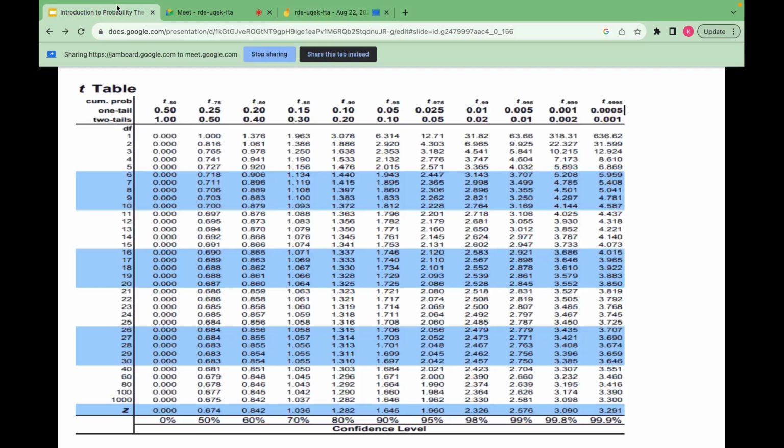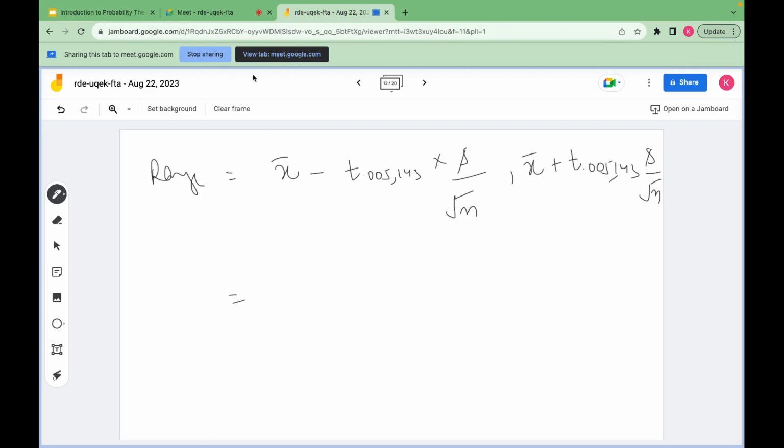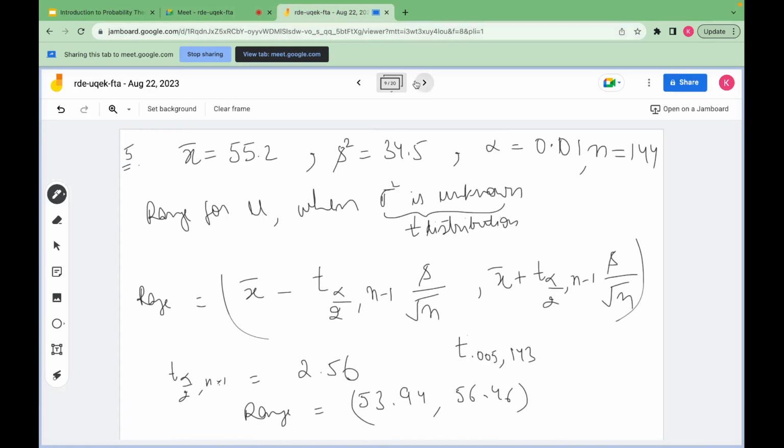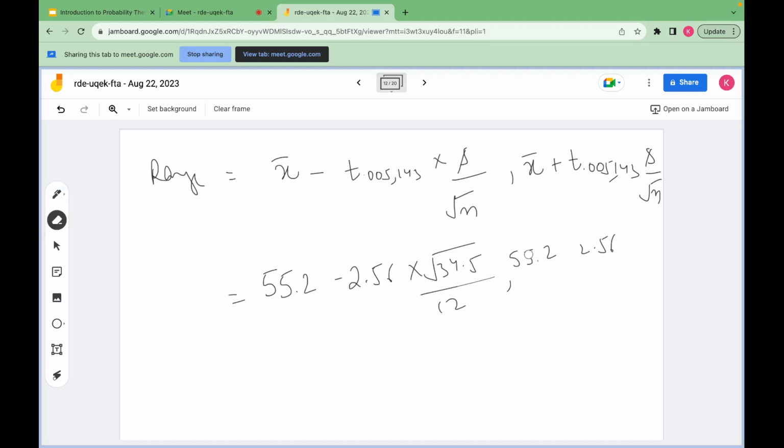X bar is 55.2. This is 2.56. This will be root over 34.5 divided by 12. 55.2 minus 2.56 into root 34.5 divided by 12, and 55.2 plus 2.56 into root 34.5 divided by 12.